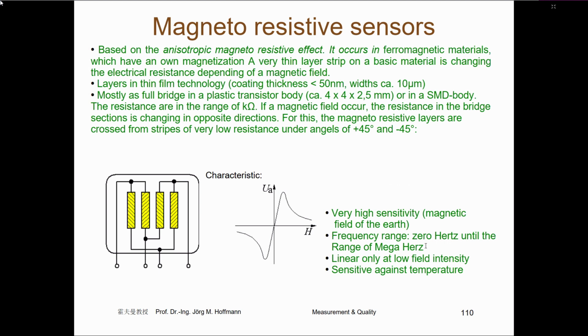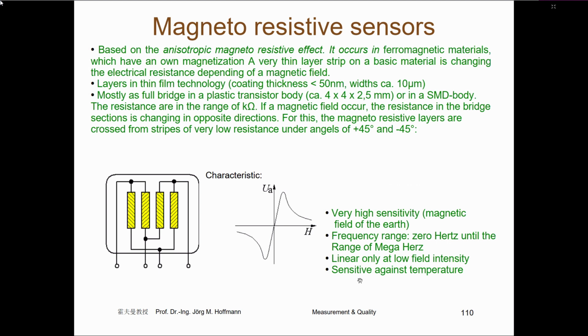That means these sensors work for static magnetic fields and for dynamic magnetic fields until the range in the megahertz range. The disadvantage is that it is linear only at low field intensity. You see only in this range.